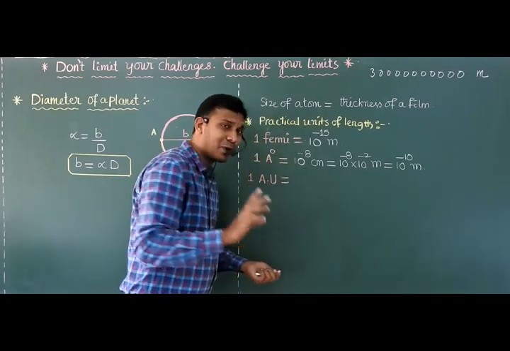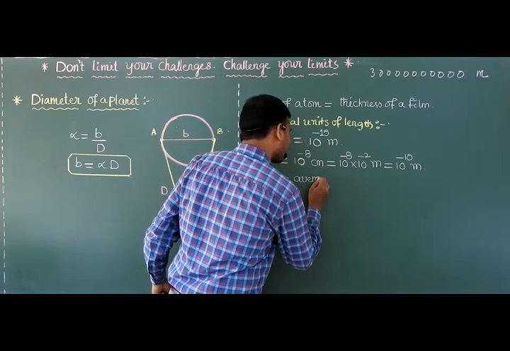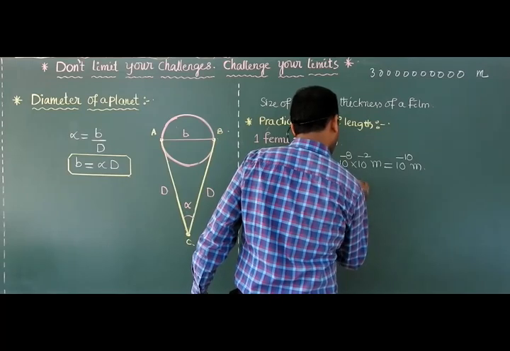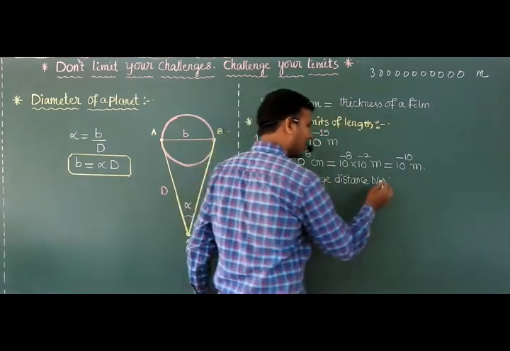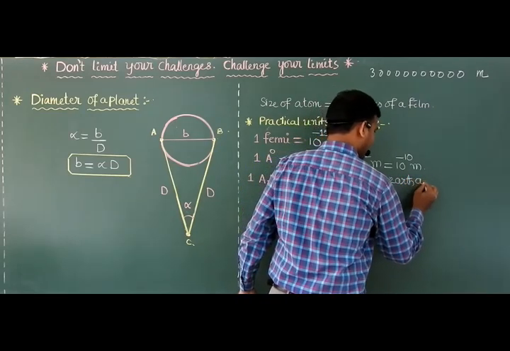Then the definition of one astronomical unit is the average distance between earth and sun.